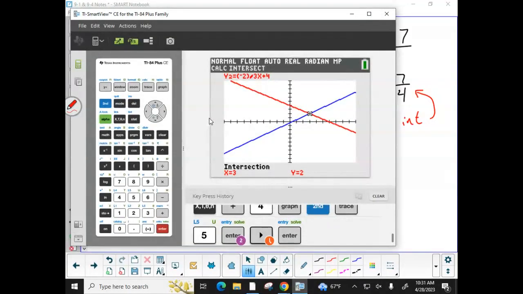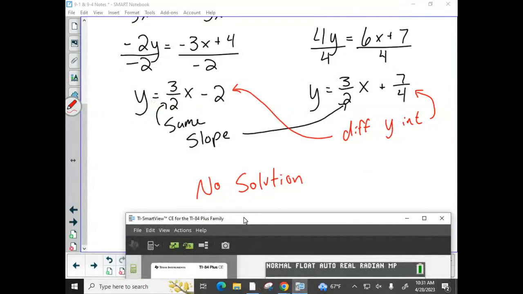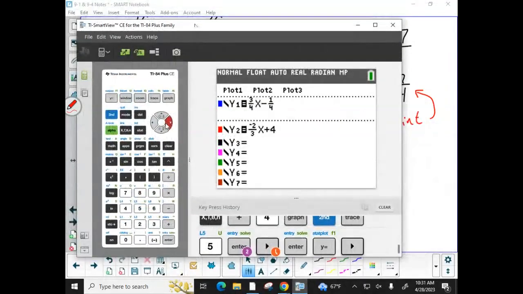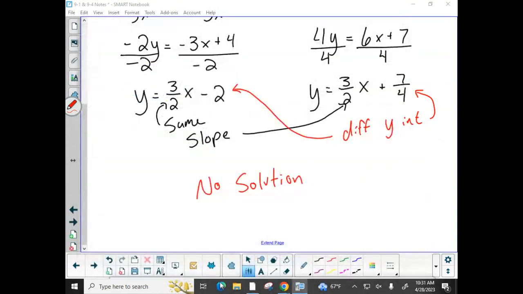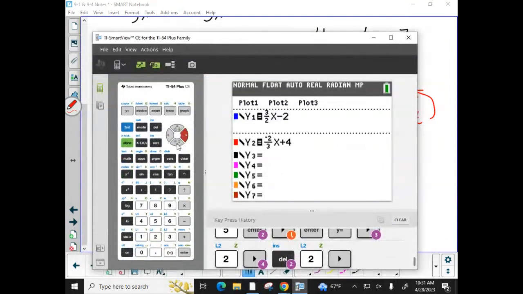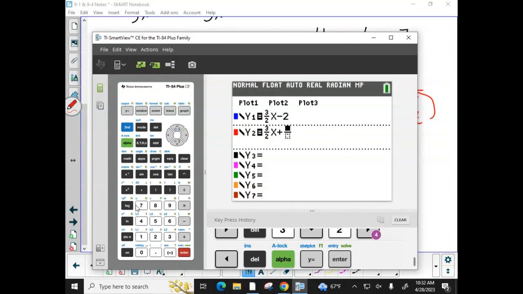So, you go to graph. So, 3/2 x minus 2. And then we got 3/2 x plus 7 over 4.